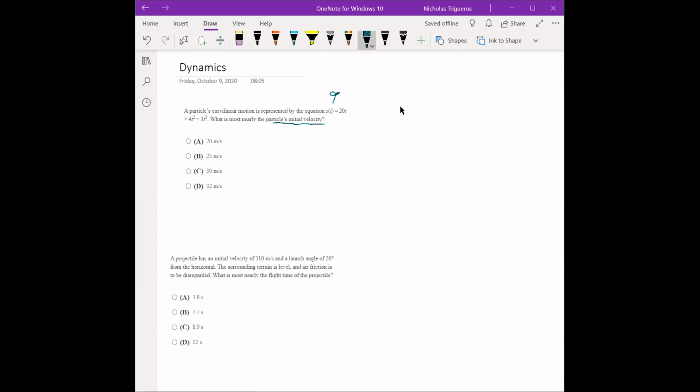Any takers for this problem? If I'm not mistaken, if we take a derivative, we should get velocity, correct? That is correct. And then if we're talking about initial, that should be at time equal to 0. So we can set t equal to 0, right?